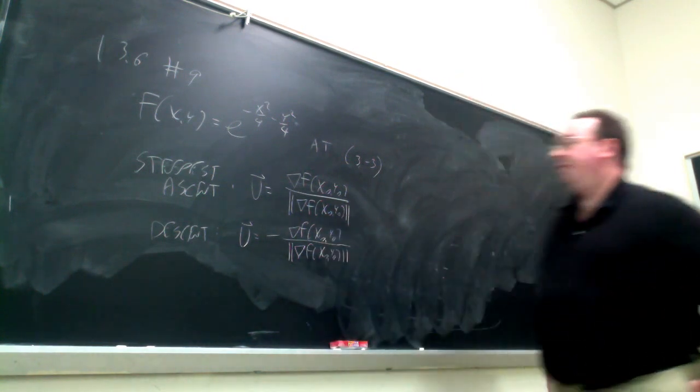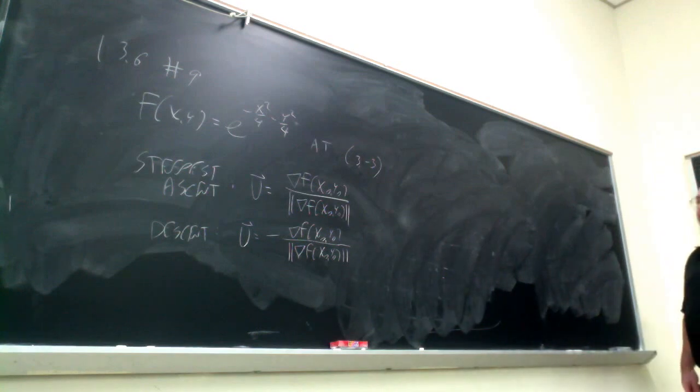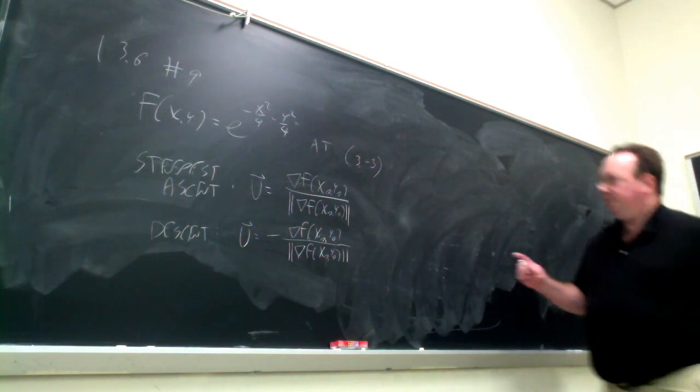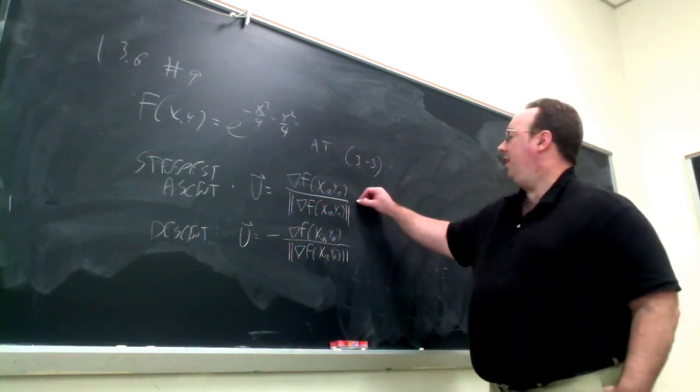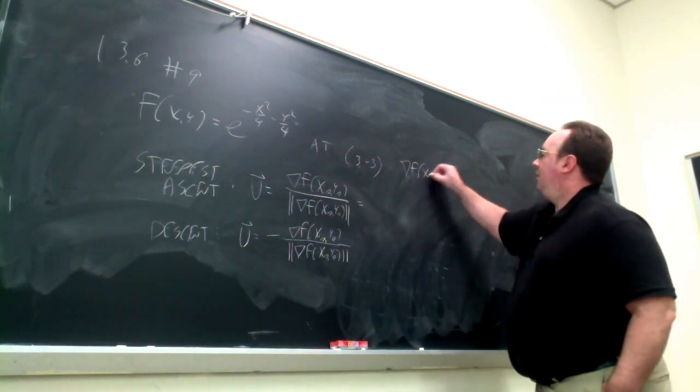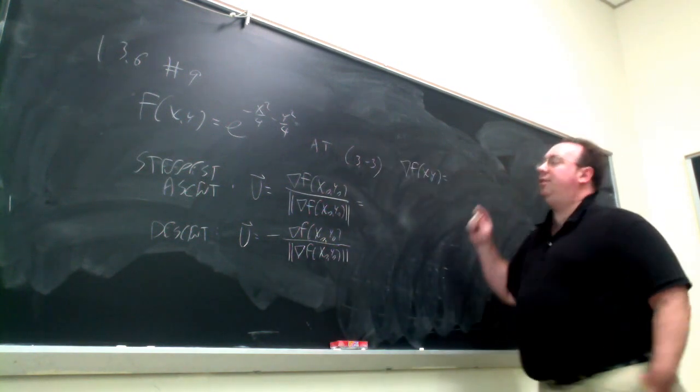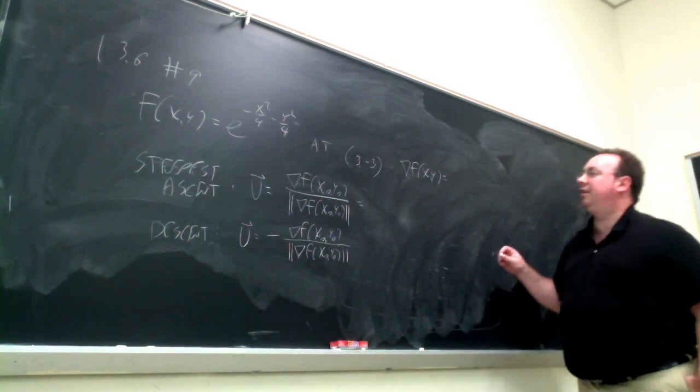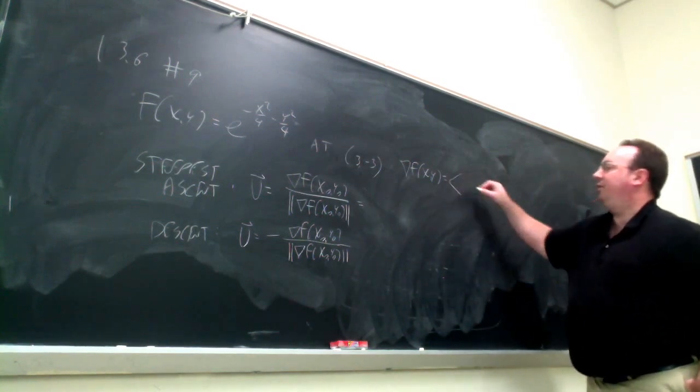Okay. Now, to talk about the last part, the direction in which there's no change, it's easiest if I work through these first. So, what is the gradient? So df dx.